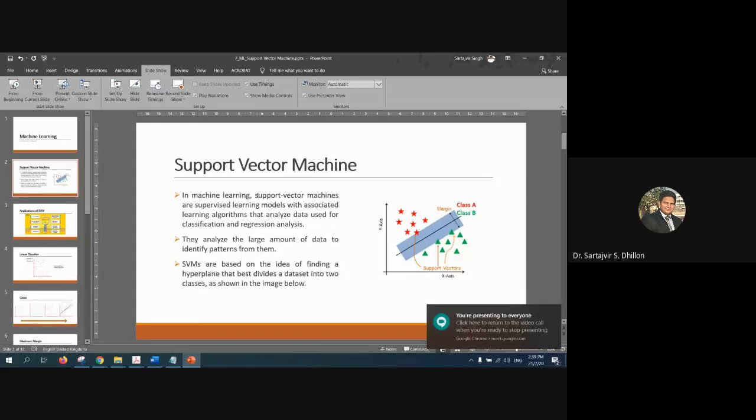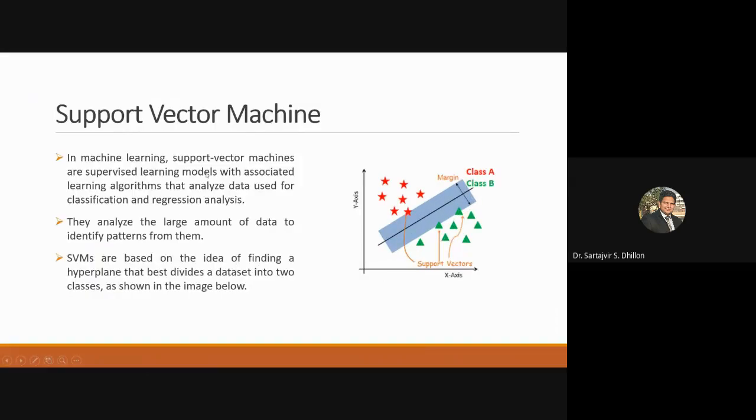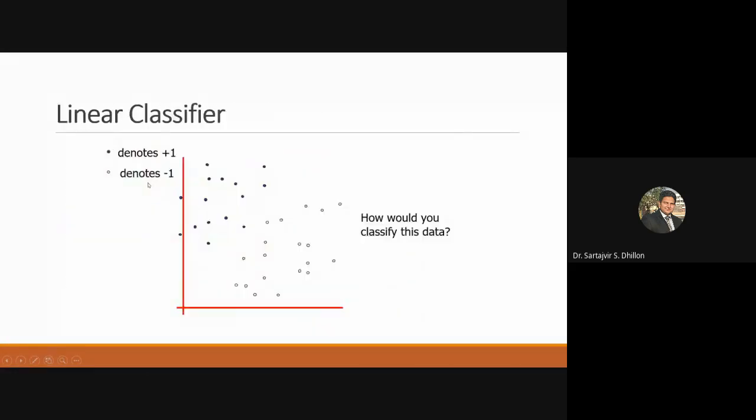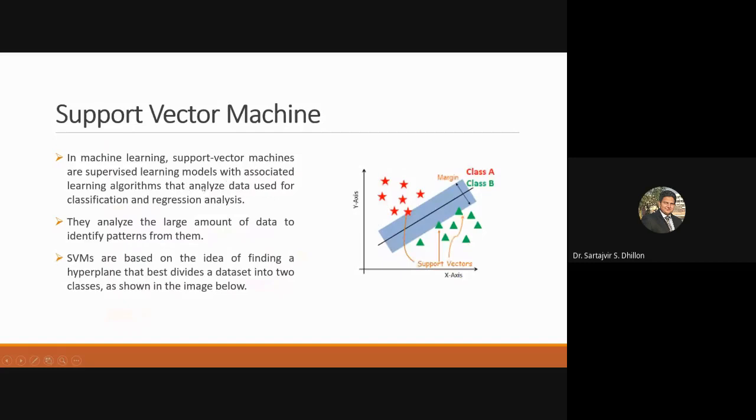In machine learning, support vector machines are supervised learners that analyze data used for classification and regression. Basically, support vector machines can be used for classification as well as for regression purposes. And till now, hopefully you are all aware of what the applications of classification are and what the applications of regression are.